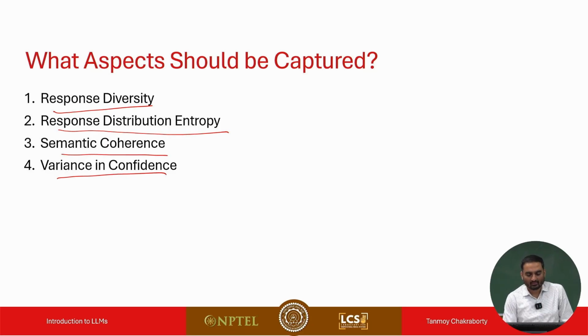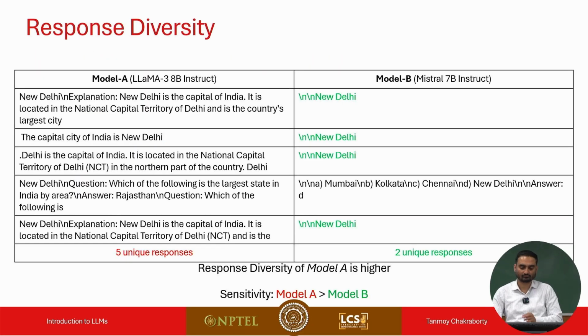Okay, what is response diversity? Given the prompt and different variations, I would like to see how the responses obtained from the model vary. Let's say model A, Llama 3 8B, and model B, Mistral 7 billion instruct model.